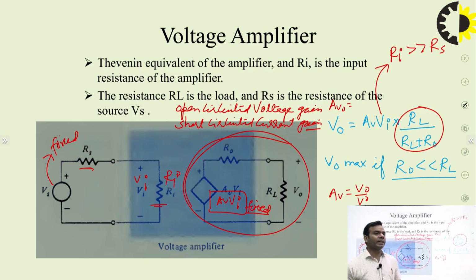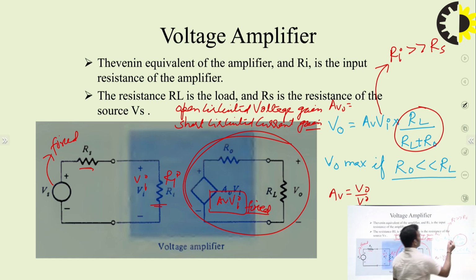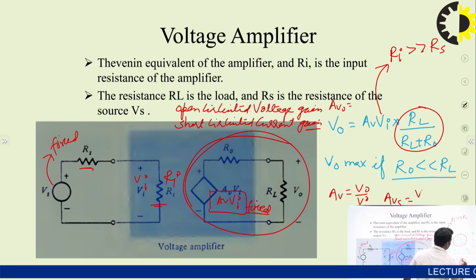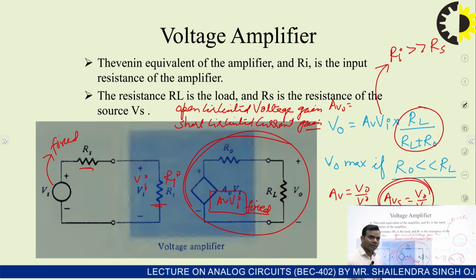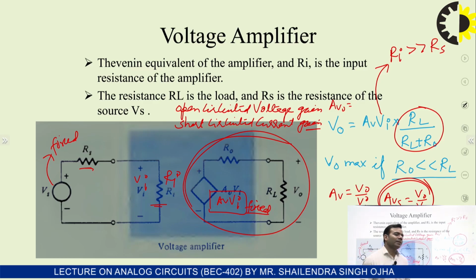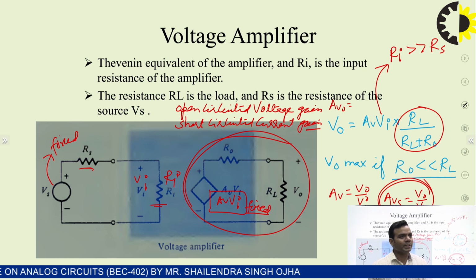So obviously open circuited voltage gain will be more in comparison to the gain which will be obtained when RL will be there, and the practical gain, which is AVs, that means the gain which will be obtained when we consider the signal voltage Vs. It will be equal to V naught upon Vs, and it will be the minimum, because when we consider this gain, Rs will come into existence, R naught will come into existence, and due to this, the actual gain will be slightly less in comparison to the open circuited voltage gain and other voltage gains.